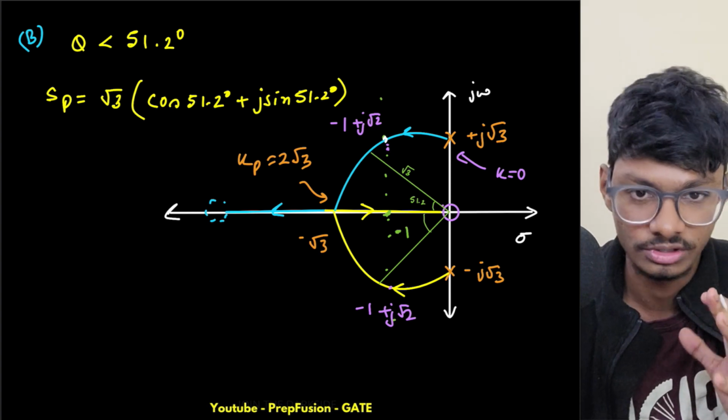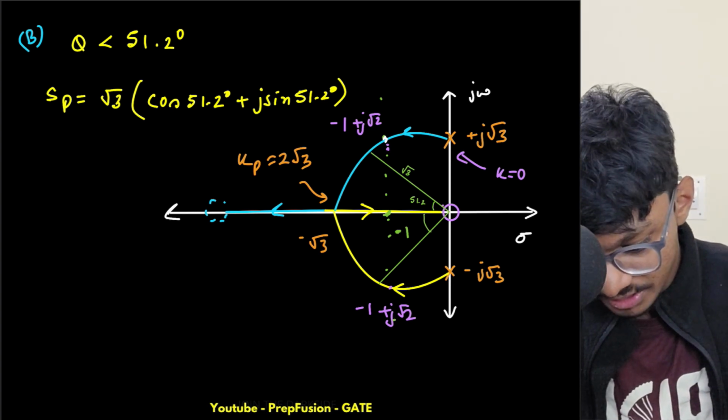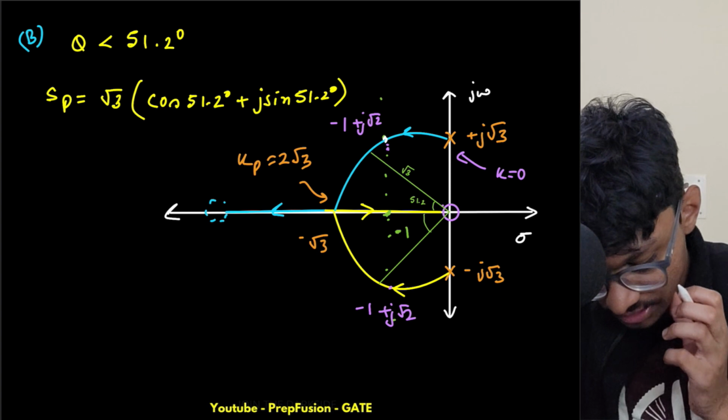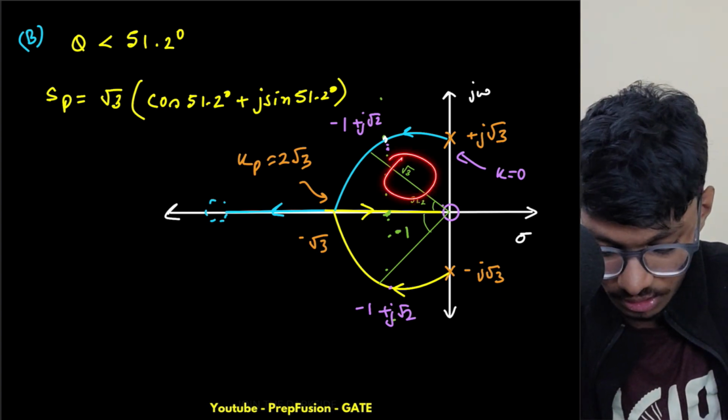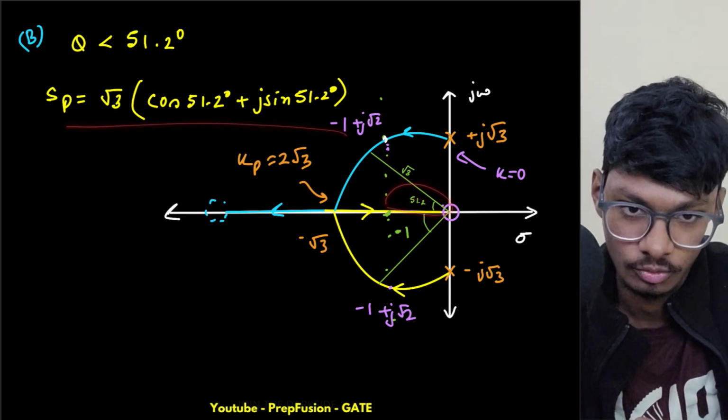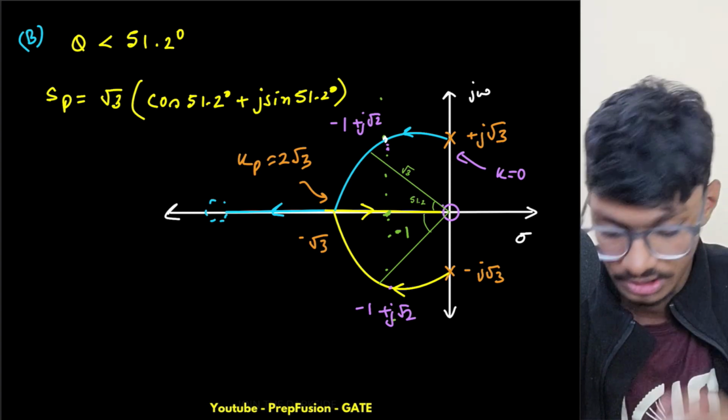You can use the root locus for a proportional controller always. So basically you find the root location, and root location finding is very simple. You know this and you know this angle. So simply you will find the root location, and this will be the minimum value of k, kp minimum.